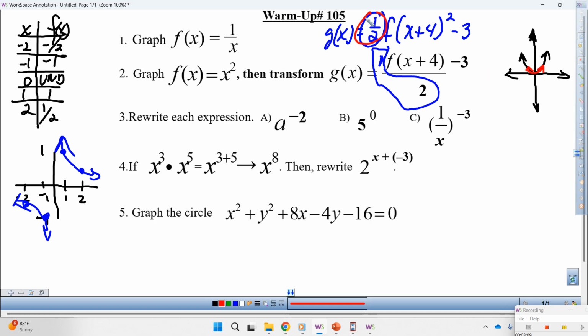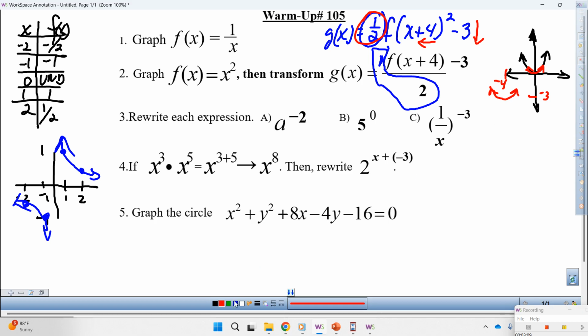So it compresses it, and then we move it in which direction? Pass someone. I'm waiting for Enrique. Very good. To the left, and then down. That is correct. 4 to the left, and then down to negative 3. So that one is going to be somewhere over here, compressed.